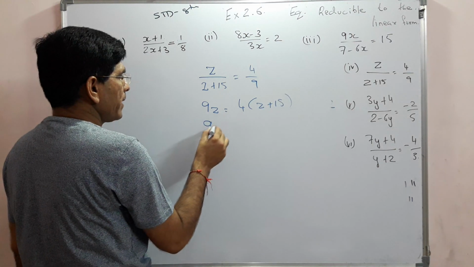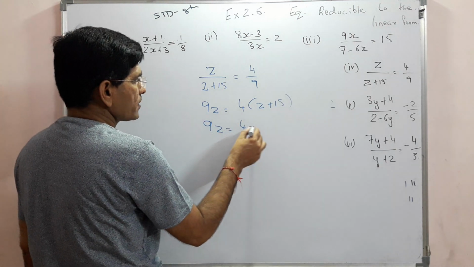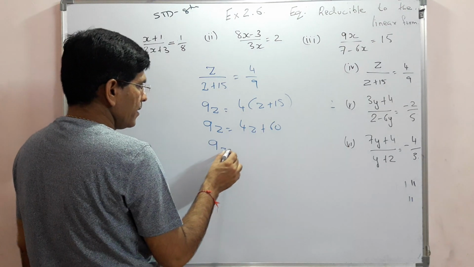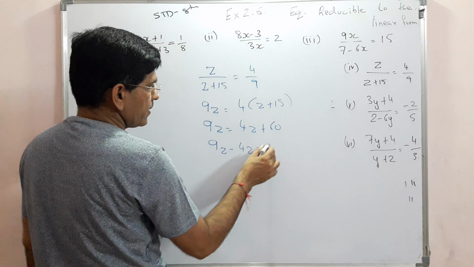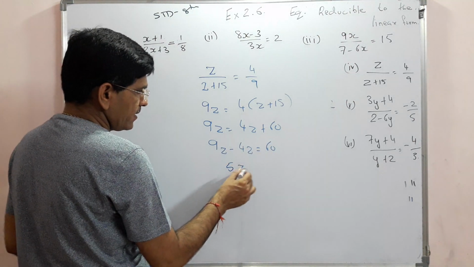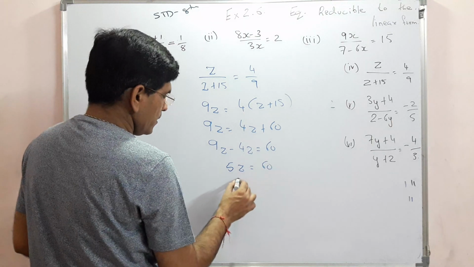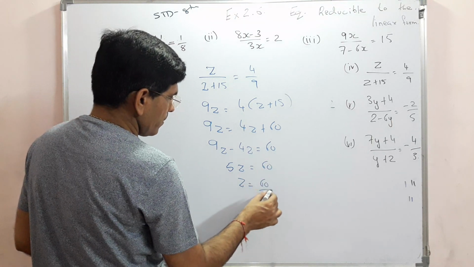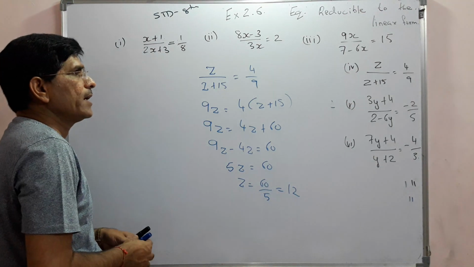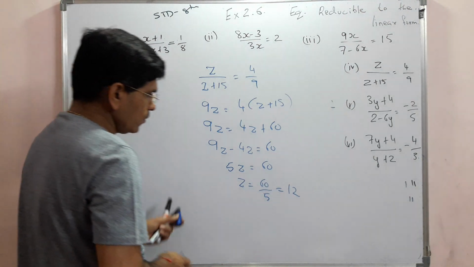Now if we open the bracket, that is 4z plus 60. So 9z minus 4z is equal to 60. So 9 minus 4, that is 5z is equal to 60. So z is equal to 60 upon 5, that is 12. So we get the value of z is equal to 12.